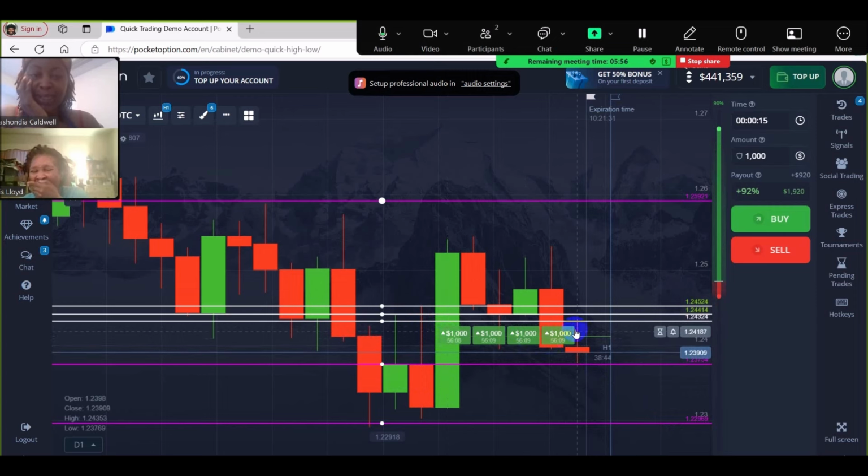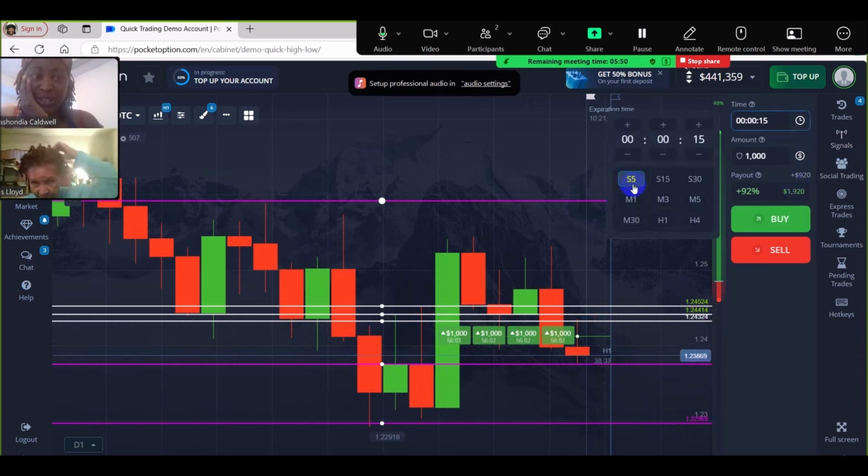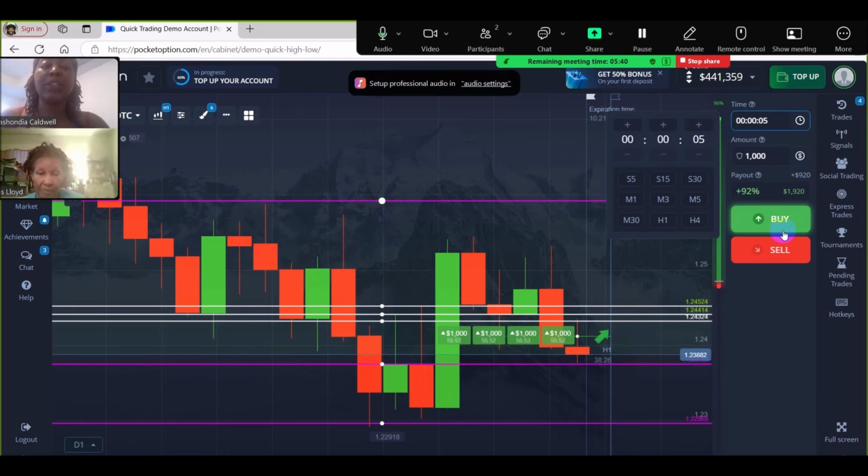Pay no never mind to these. I didn't realize that was a whole... Okay, so it done came down here like 3 times. So if you see that it goes down there 1, 2, 3 times, if it goes down there a 3rd time, you could put in a 5-second trade, because 9 times out of 10 it might try to push past that, because when you bounce a ball on the floor, what happens?